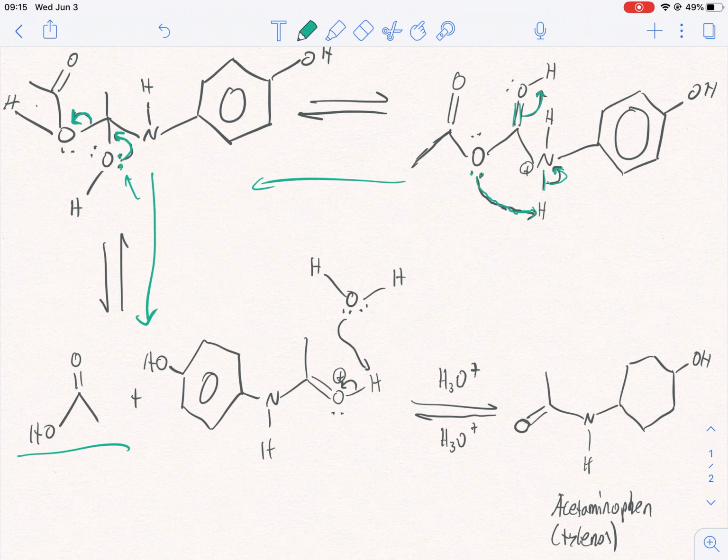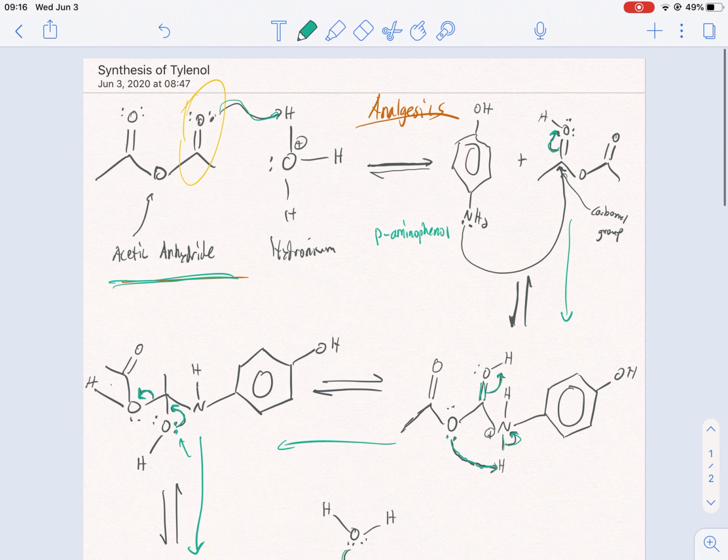A water comes in, and water plays an extremely important role in organic chemistry, specifically the reactions. Water comes in, deprotonates our structure. These electrons move to the oxygen for stability, because that's how it's most happy. And then we have acetaminophen that's made, the medication you guys take every single day.